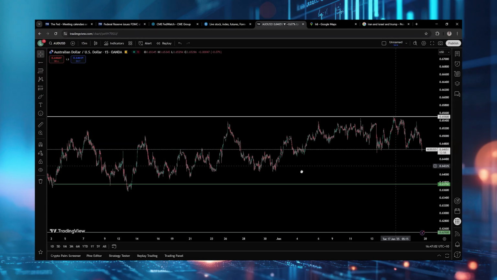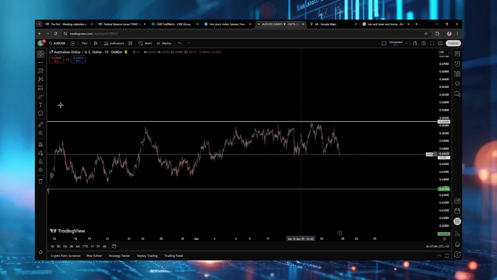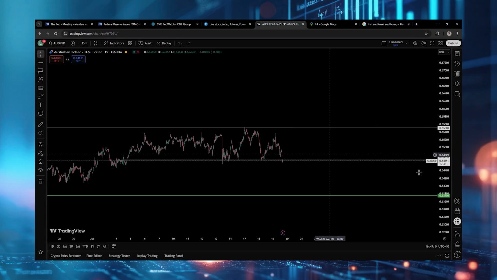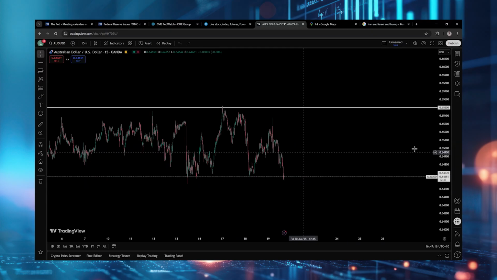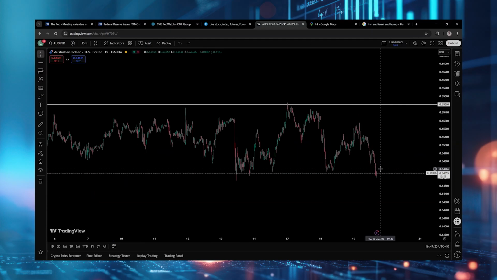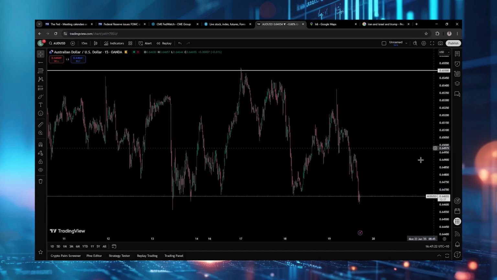Okay, so I wouldn't say to be looking to short at this level, 0.64, 651. I would most likely want to wait for a pullback at least, just because it's right on the lows and it's in a sense cheap to sell at the moment. I want to sell expensive when I buy cheap.